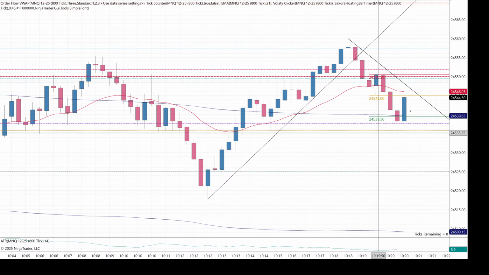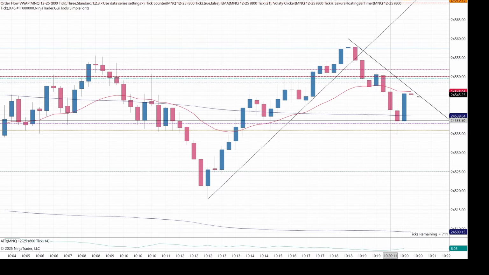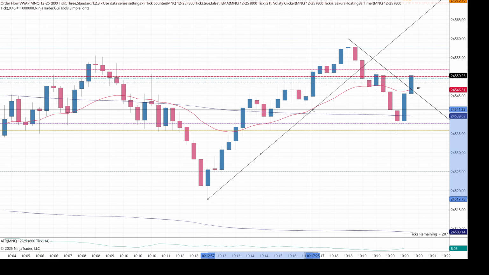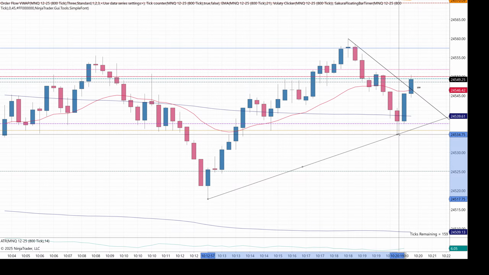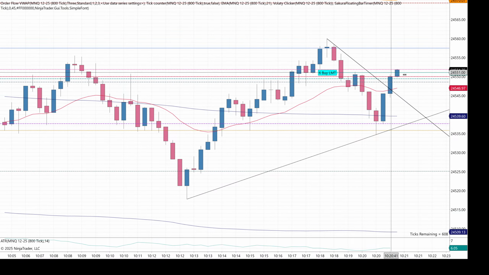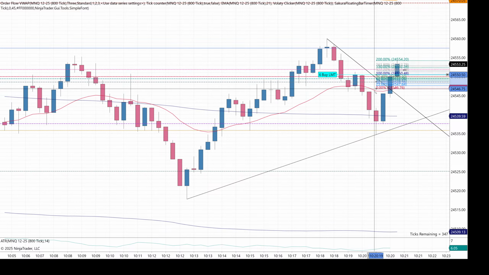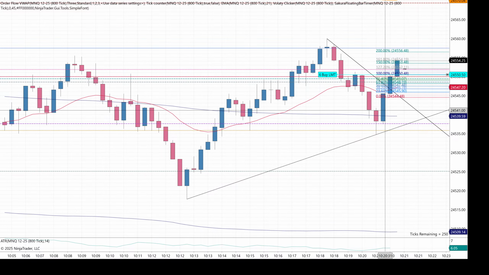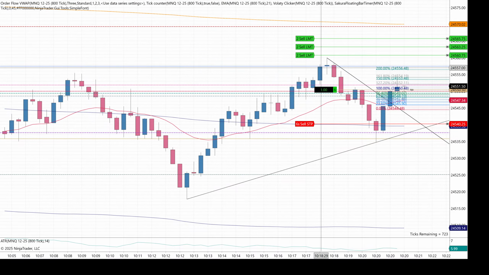All right, that trade is over. And now we have this line like this. This macro line gets updated. And this is a trigger higher. If we can get in. I missed it. Maybe it comes back and gets me. Yep.